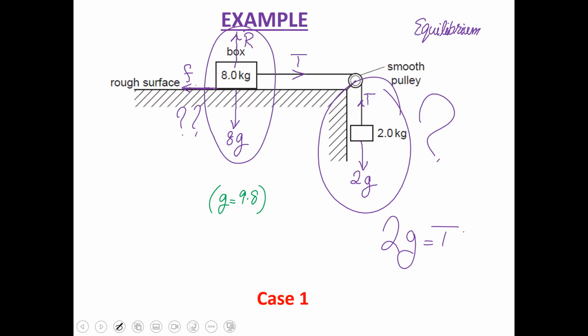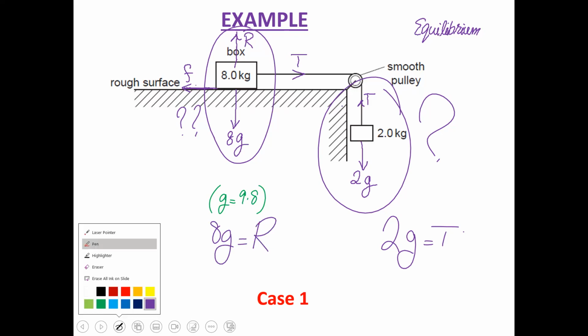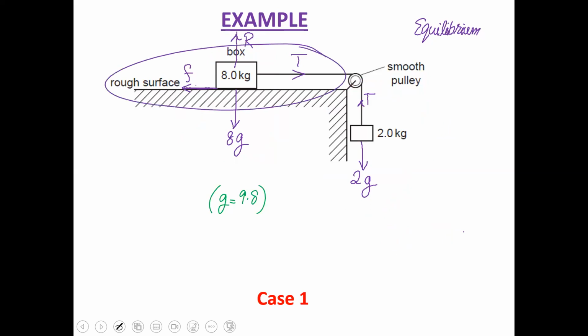You have to help me in writing the equation. 8G is equal to R. Now the question mark.